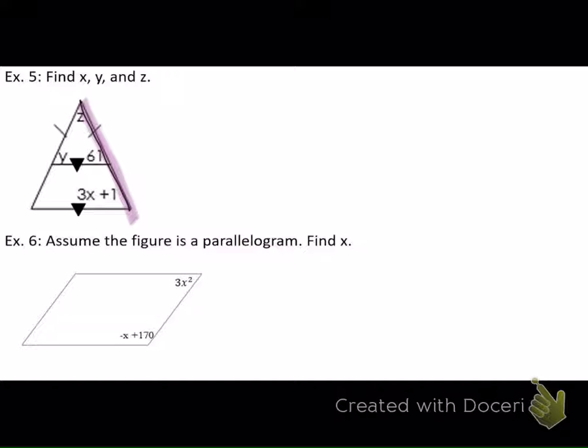What do you notice about 61 and 3x plus 1? They're both where? Yeah, they're corresponding. They're both on the top of the line, right? So what do you know about corresponding angles? They look equal, don't they? So they're probably equal.